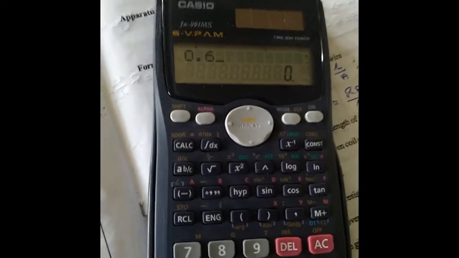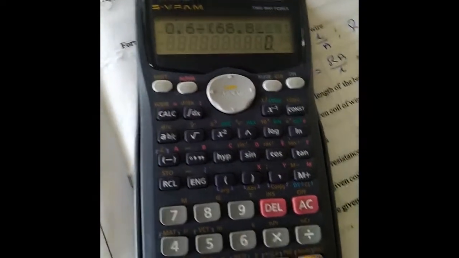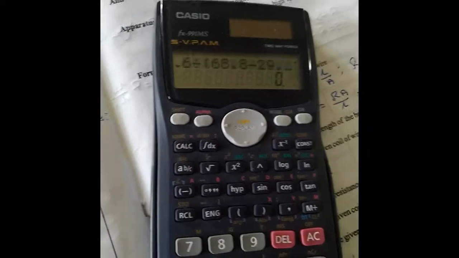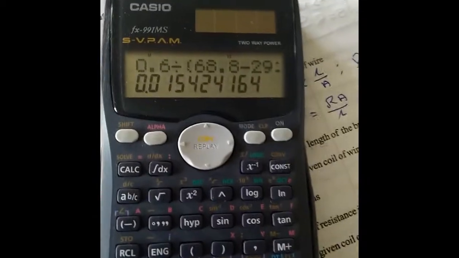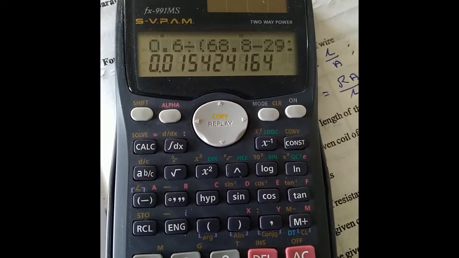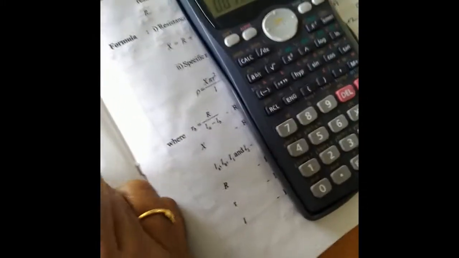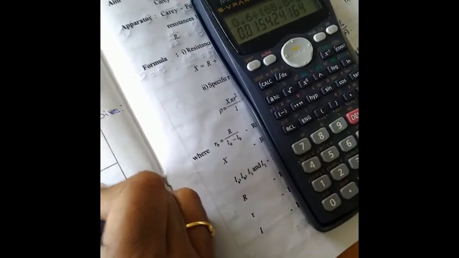So 0.6 divided by 68.8 minus 29.9. So what is the value? You can take 4 decimals, 4 numbers after the decimal point. 0.0154. Right? Similarly, you can do all these things.